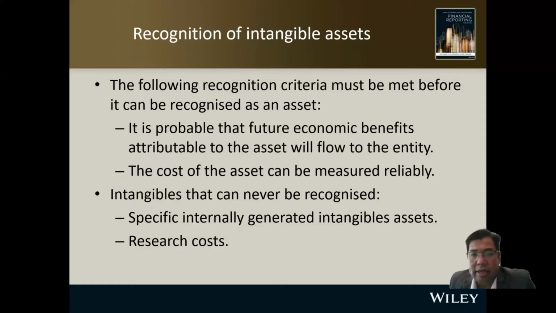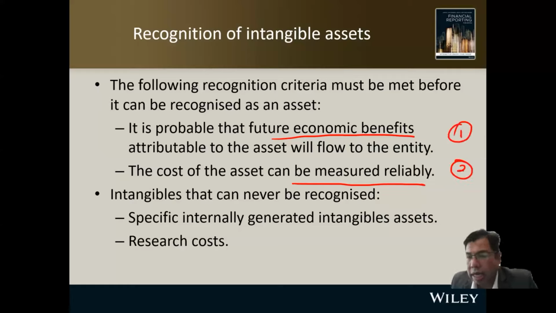Before we can recognize this as an intangible asset, we must make sure there's going to be a probable, meaning high probability of future economic benefit derived from that asset that will flow to the entity. Number one. Number two is we can measure the cost reliably. So this is criteria number one. This is criteria number two to recognize the asset.